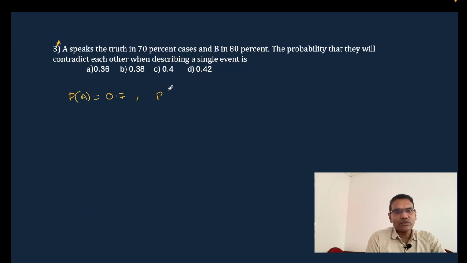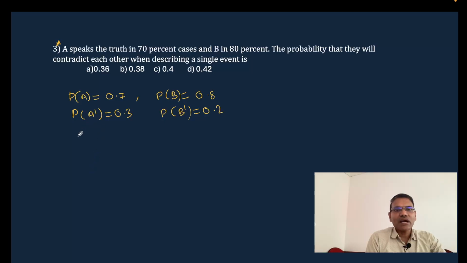B speaks the truth is 80%, that means 0.8. A does not speak the truth, that means A lies, definitely 0.3. B lies, I can take 0.2, since B speaks the truth is 0.8.